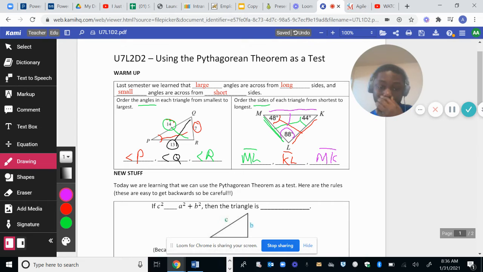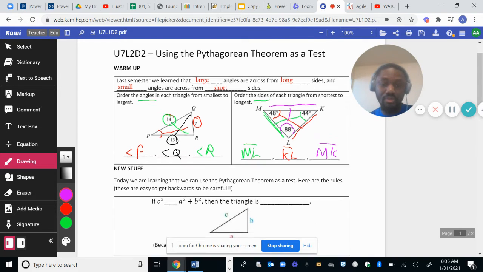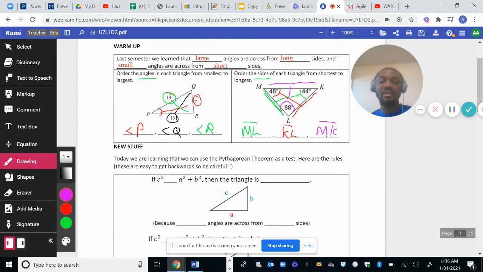So today we're going to learn new stuff as well. We're going to use the Pythagorean rules to do some tests to see if we have a right angle, obtuse angle, or acute angle. When you take the square of the longest side, and if it equals the sum of the squares of the two legs, then we have a right angle.